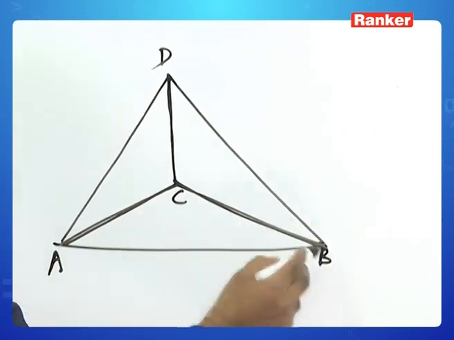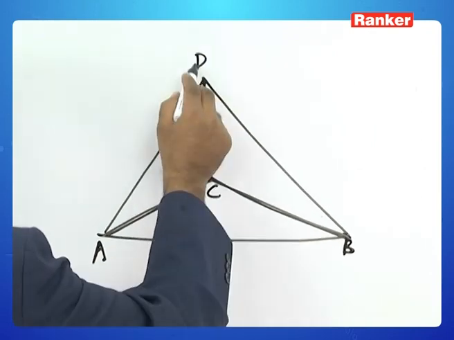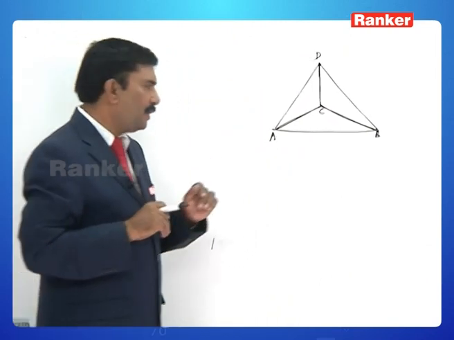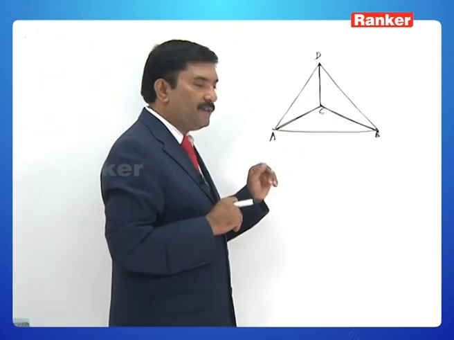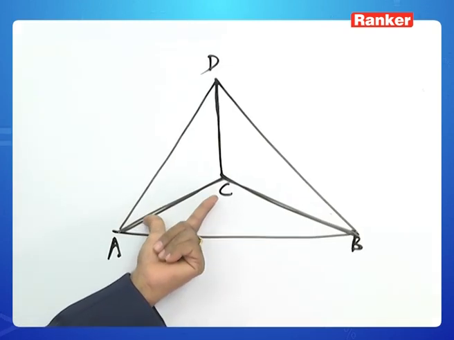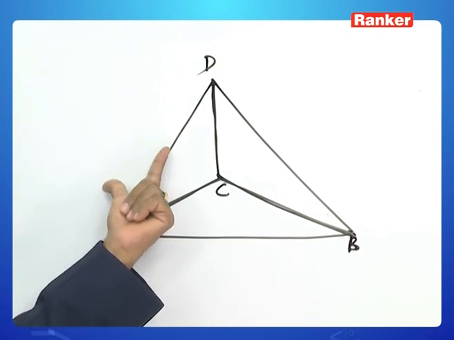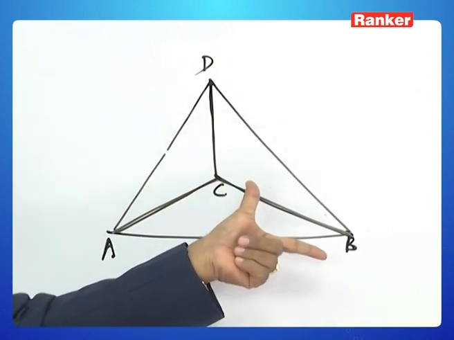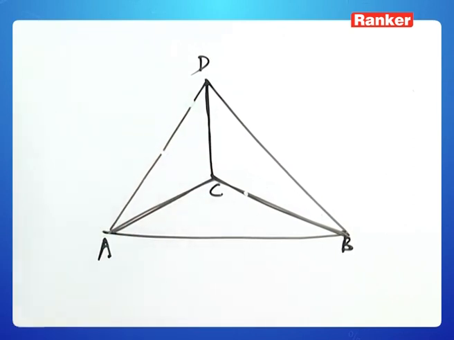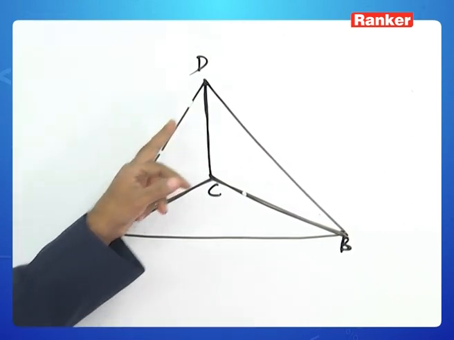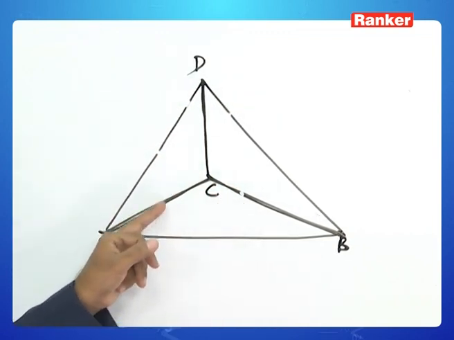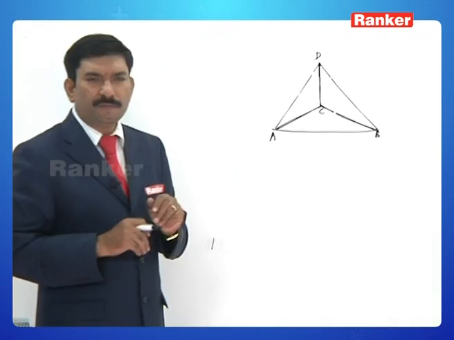A, B, C and D are the four vertices. And there are how many edges? AB bar, AC bar, AD bar, BC bar, CD bar, BD bar. 1, 2, 3, 4, 5, 6.